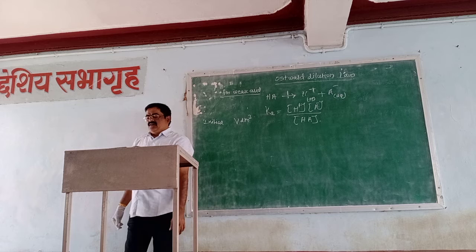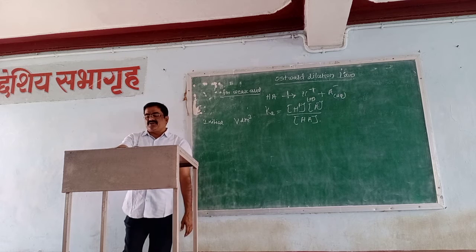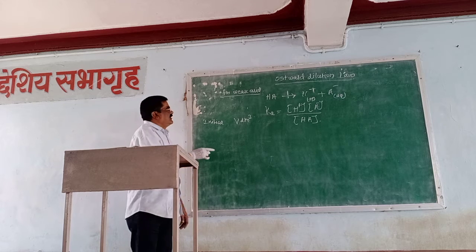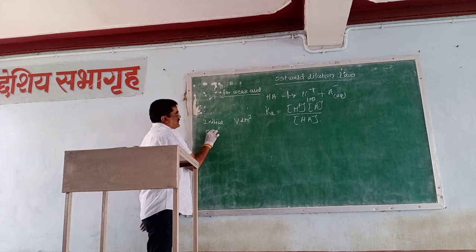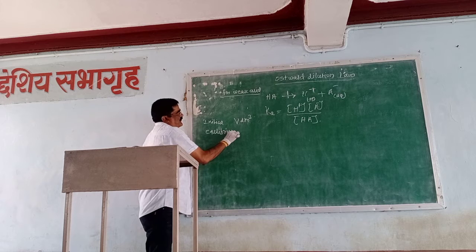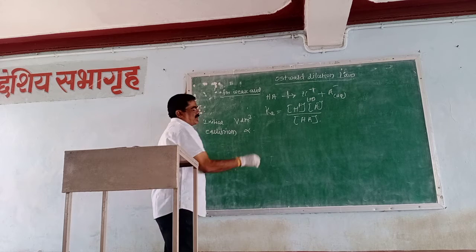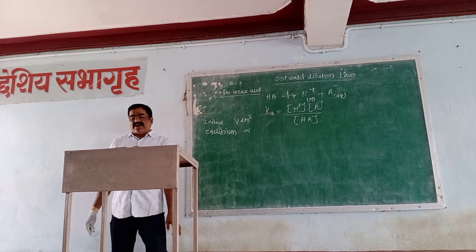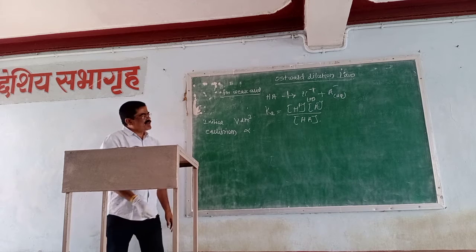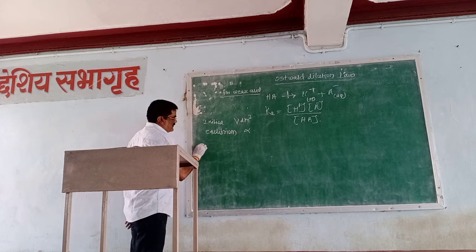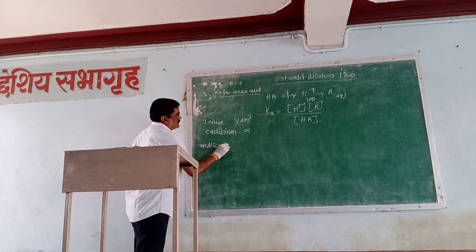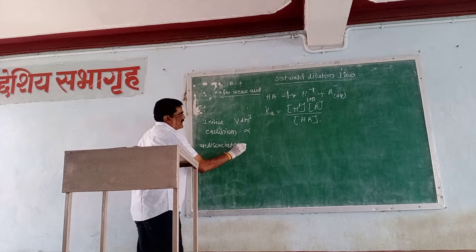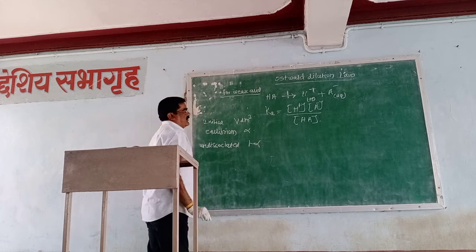Then at the equilibrium position, the fraction dissociated would be alpha, and the fraction of the acid that remains undissociated at equilibrium is 1 minus alpha.